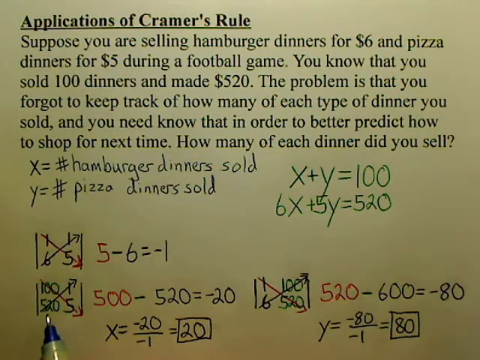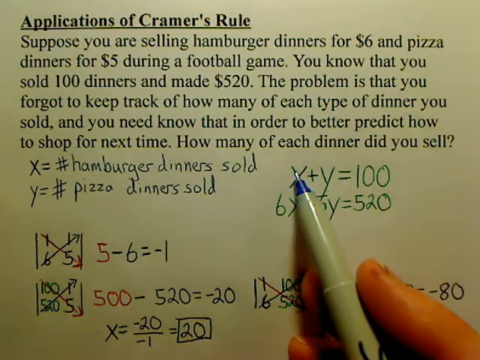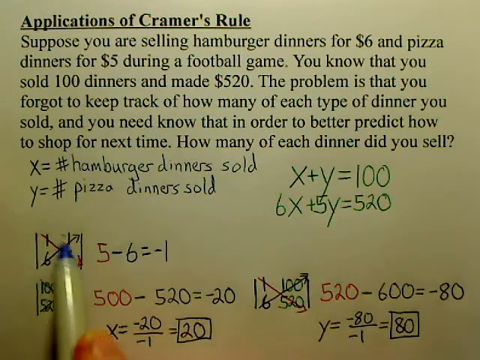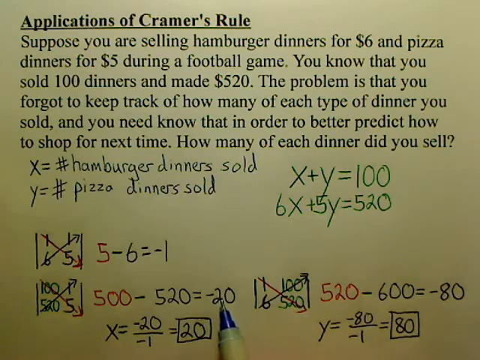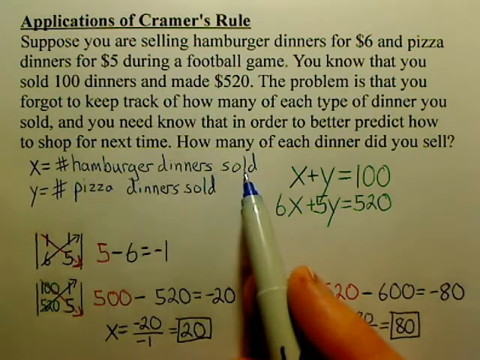This 100 and 520, see the answers? I replaced the x values of this determinant with the answers. And then I take this number right here, -20, and divide by that first determinant, and that tells me x is 20, which means I sold 20 hamburger dinners.